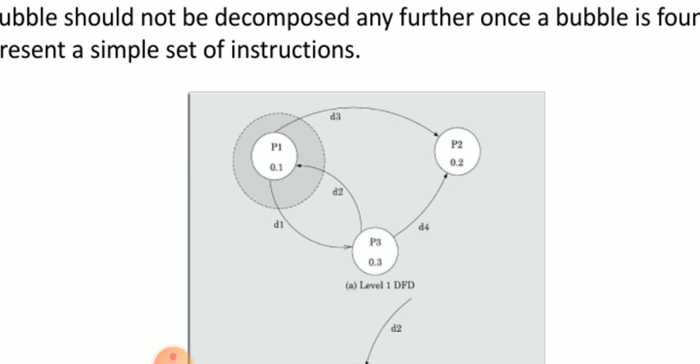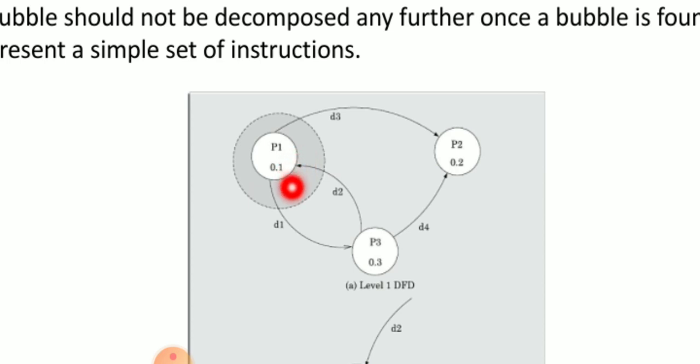If we analyze the figure, we can identify that the data flows from this module are D1 and D3. D1 and D3 are the data flow from the process P1, and from P3, that is 0.3, D2 is the data flow to P1. This arrow represents the flow of data from one process to another.